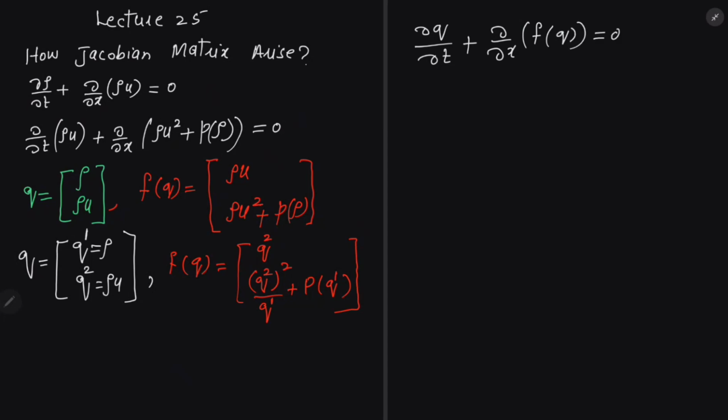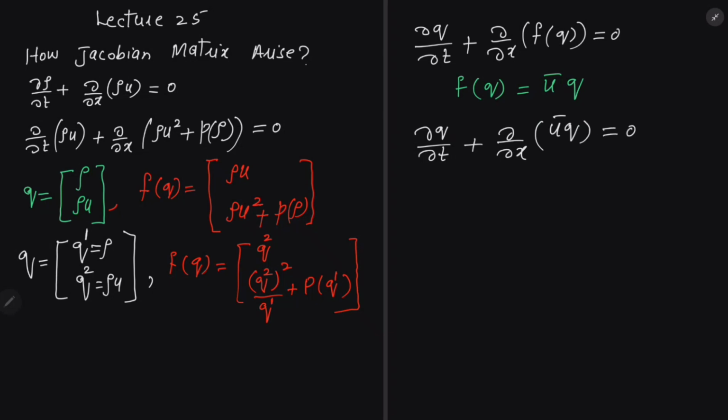You know that when we set this flux function equal to u bar q, remember that here q is a scalar quantity, we get partial q by partial t plus partial by partial x of u bar q is equal to 0.